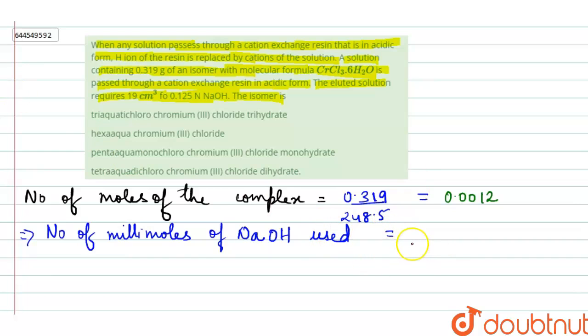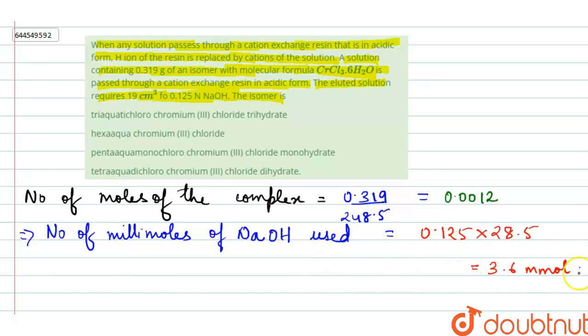In this you will generally take 0.125 which is given in the question, into 28.5. So that will be approximately around 3.6 millimole.